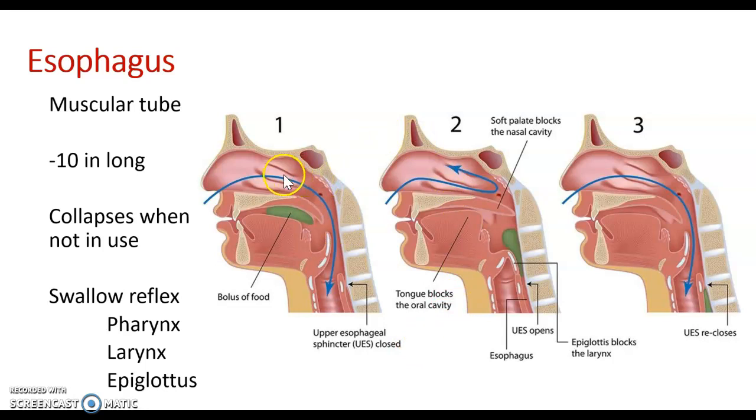Because this is a shared pathway, that means that anything going through the pharynx could potentially go down our GI tract into the esophagus or down the trachea into the respiratory system. And we probably know from experience that we don't want anything solid like food down in our lungs. So this swallow reflex is designed to keep any solid things from traveling down into our lungs.